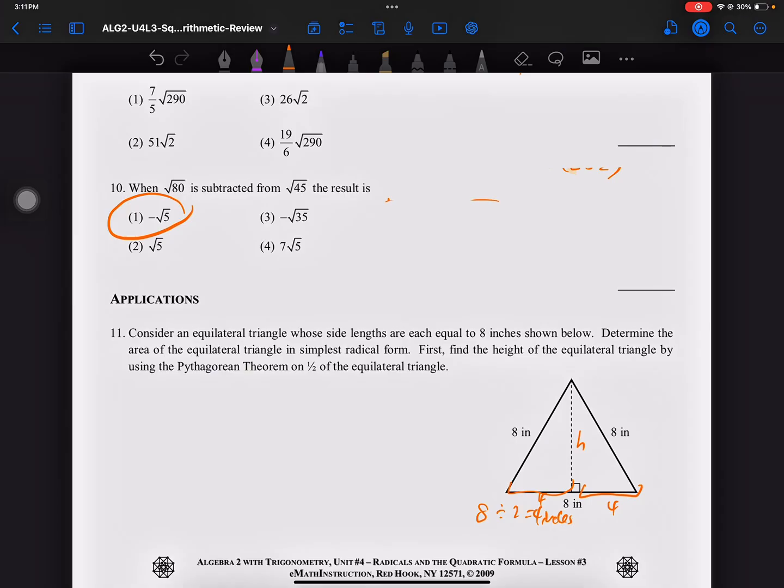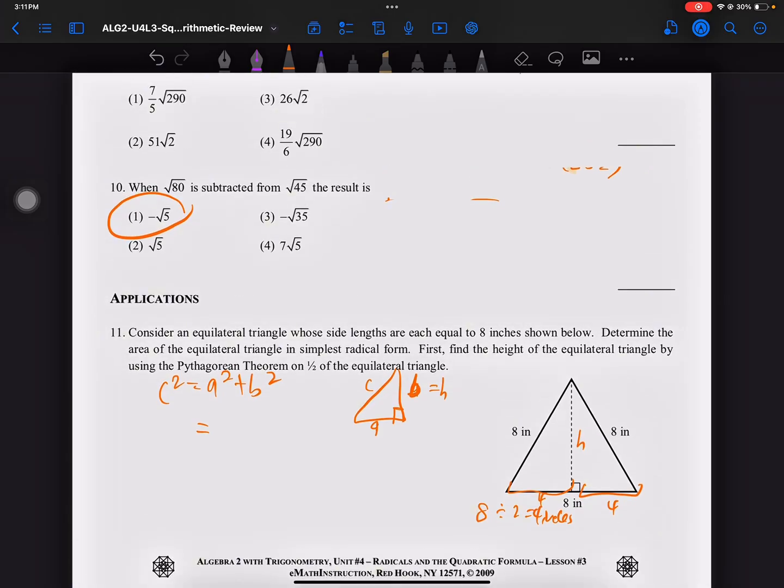This is a right angle triangle, so we can use the Pythagorean theorem: c squared is equal to a squared plus b squared. This is c, this is a and this is b. b is the height. Okay, so we plug it into the formula.